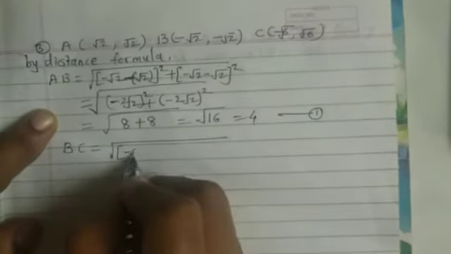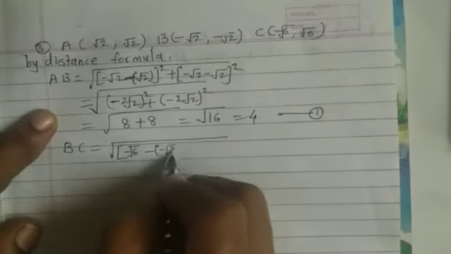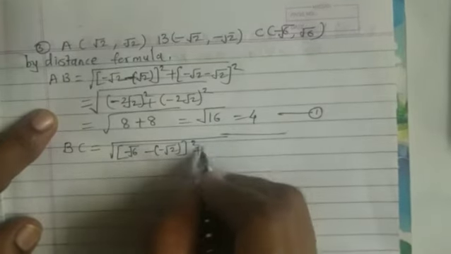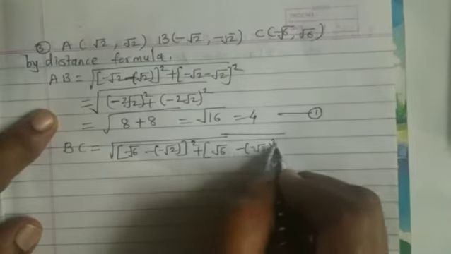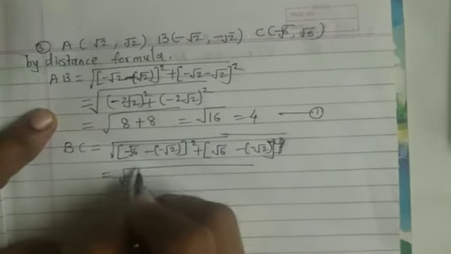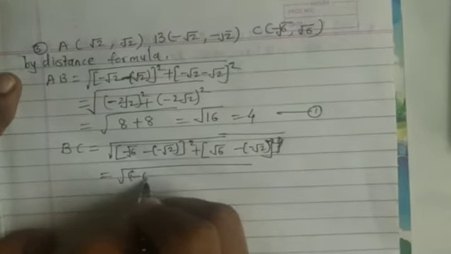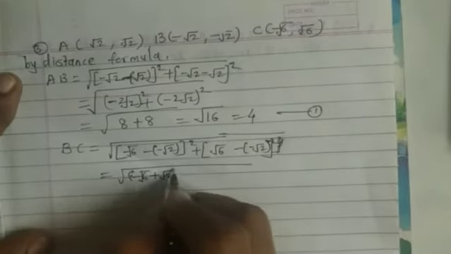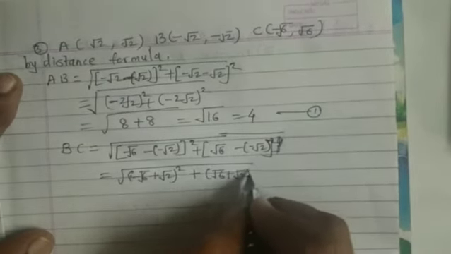Now we simplify for the BC distance. BC is equal to, this is x2 minus root 6 minus root 2 bracket square plus y2 is root 6 minus root 2 bracket square, which is equal to minus root 6 plus root 2 bracket square plus root 6 plus root 2 bracket square.